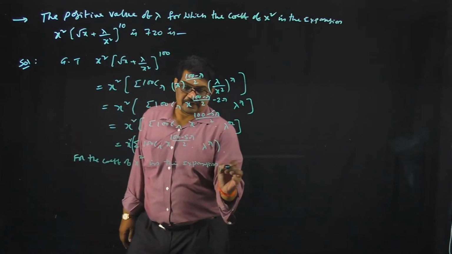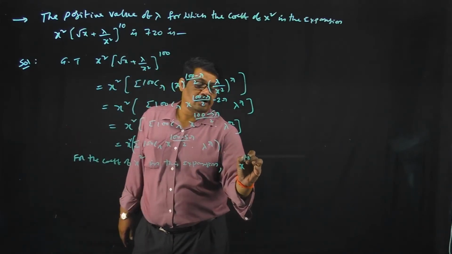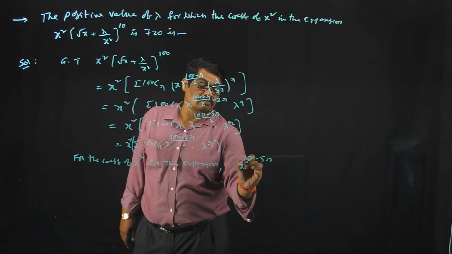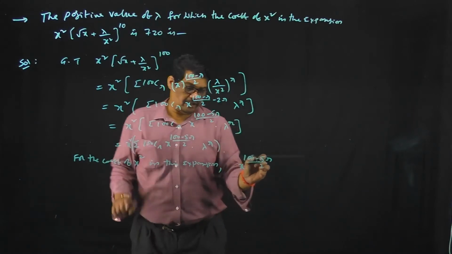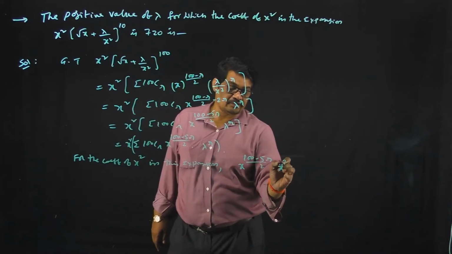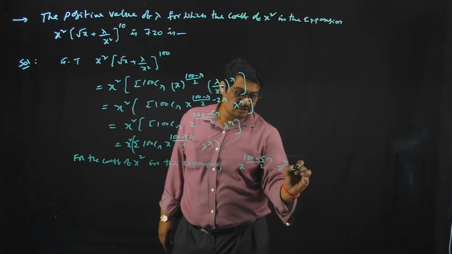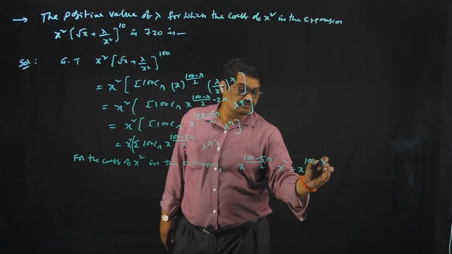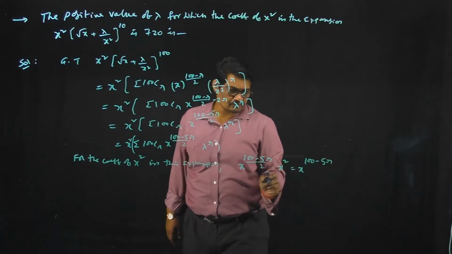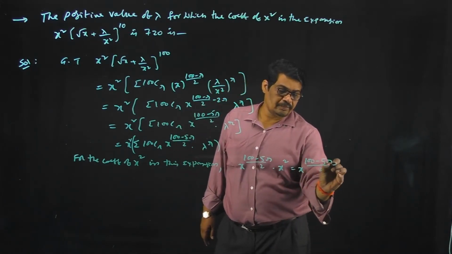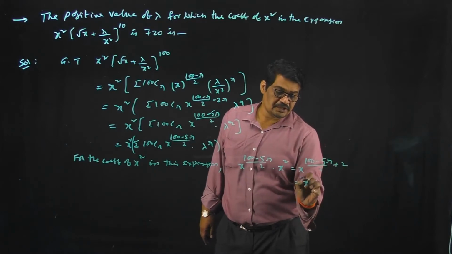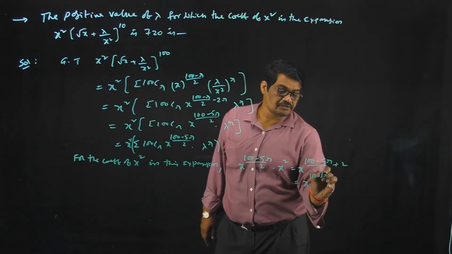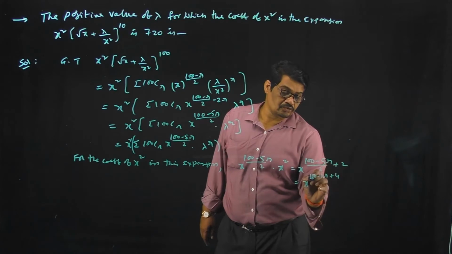We are equating here x to the power of 100 minus 5r by 2 into x square, so the power is x to the power of 100 minus 5r by 2 plus 2. That is x to the power of 100 minus 5r plus 2 into 2, 4 by 2.